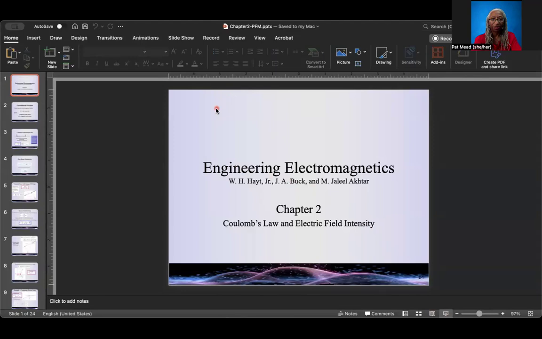But in the meantime, the assignment that I'm giving you that's going to be due next week is an assignment where you will be asked to calculate what are these forces and what are these electric fields due to point charges. And so when I get back, we'll have another assignment where we'll deal with distributed charge, which is the second half of the chapter.